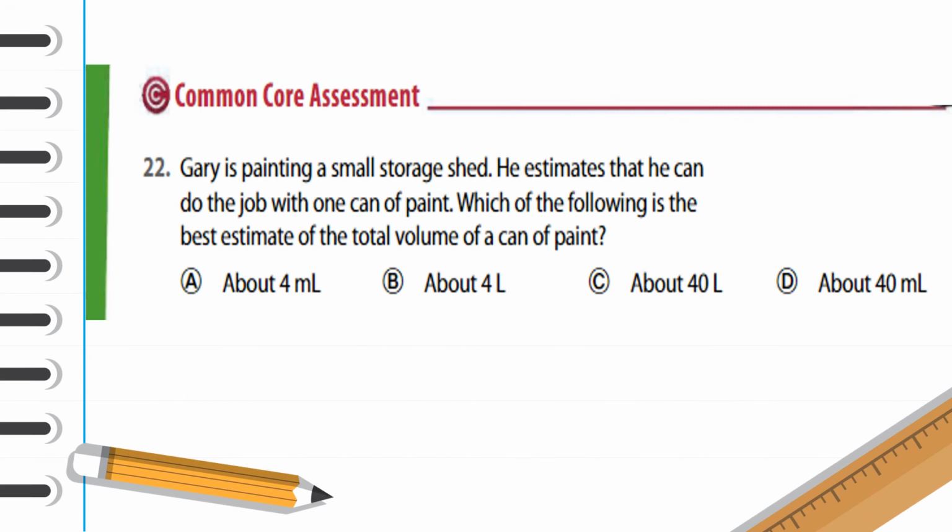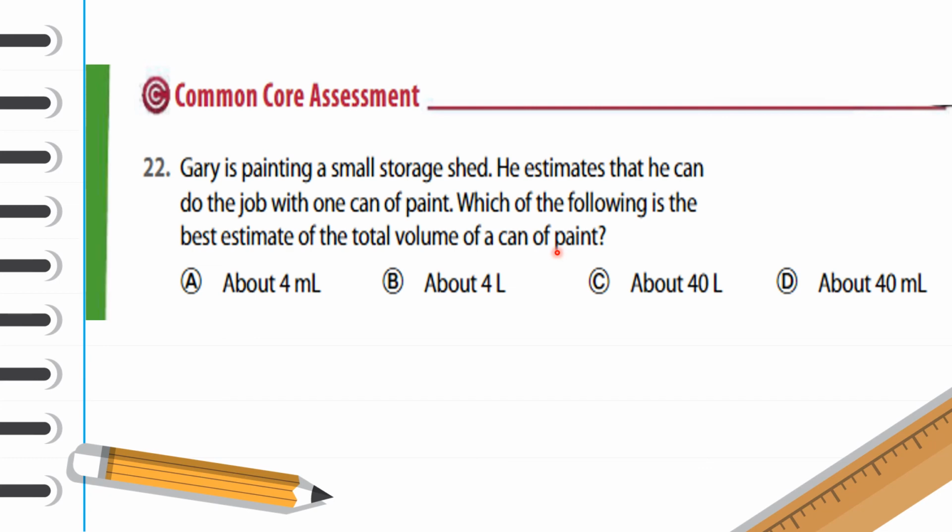Okay, so here is your assessment for today's lesson. So what is given? Jerry is painting a small storage shed. He estimates that he can do the job with 1 can of paint. Which of the following is the best estimate to total volume of a can of the paint? Now we buy buckets or the cans for paint to paint our walls, right?